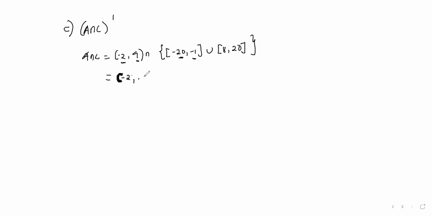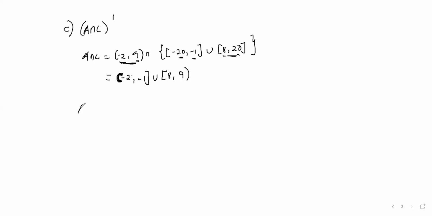So we pick -1 with its bracket, union, the same interval. You go to the other one and do the intersection. -2 and 8. Which one is bigger than the other? So 8, and then 9 versus 20, 9 is smaller. You pick it the way it is.